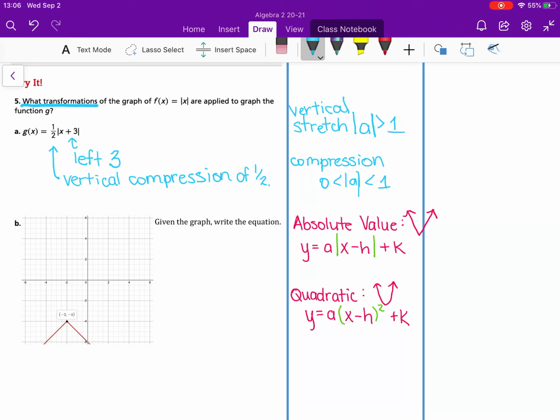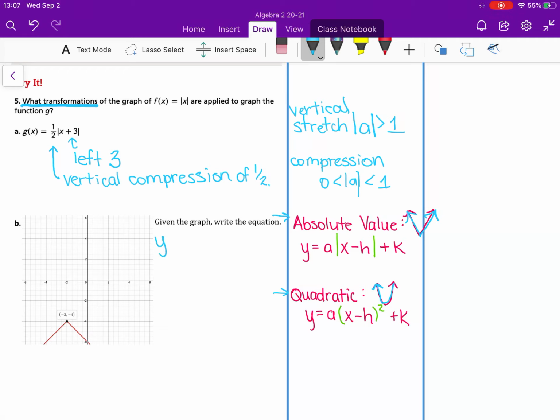There are other types of graphs that exist, but for this section, it's either absolute value or quadratic. We're not trying to throw too much at you just yet. Remember, a quadratic is a parabola. Absolute value is the V shape. So this one must be absolute value.